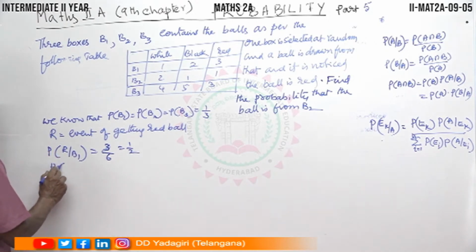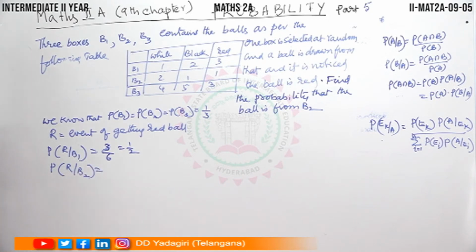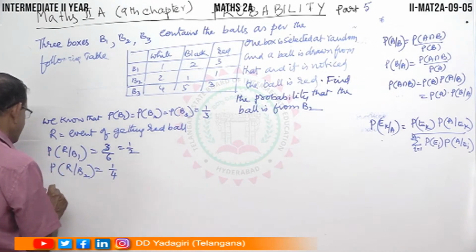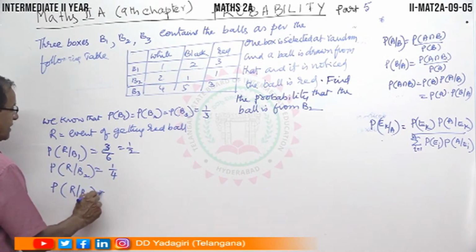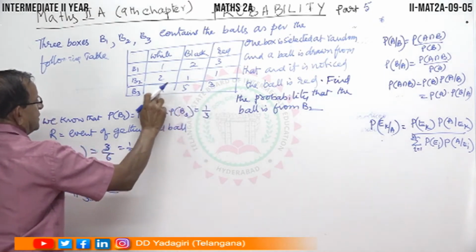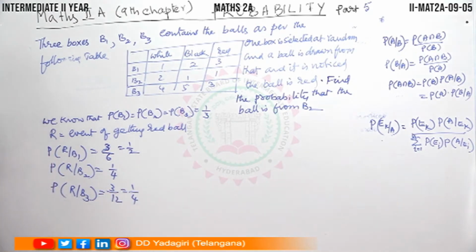Similarly, the probability for a red ball from the second box is 1 out of 4, 1 by 4. Probability for a red ball from B3 is 3 by 3 plus 5 plus 4, that is 3 by 12, which means 1 by 4. So these are the probabilities of R by B1, R by B2 and R by B3.